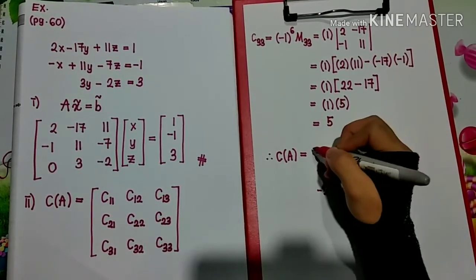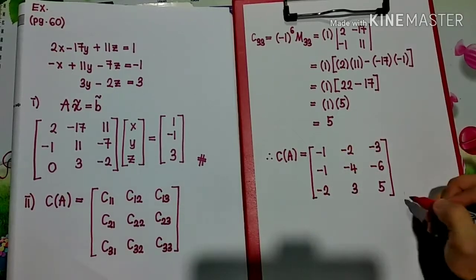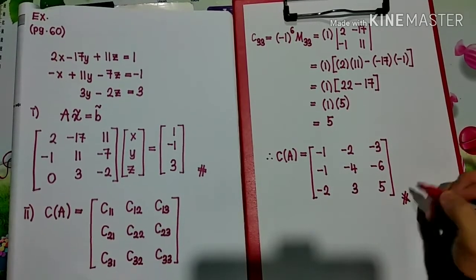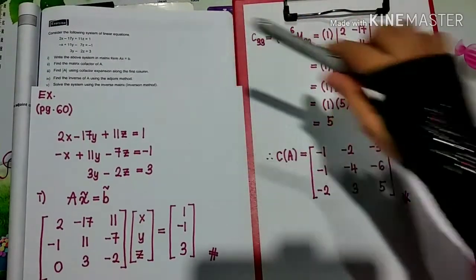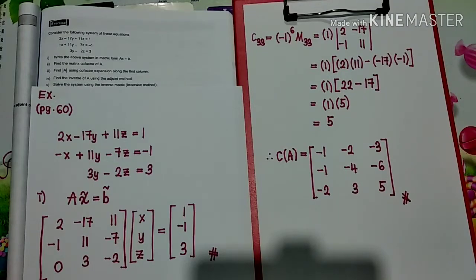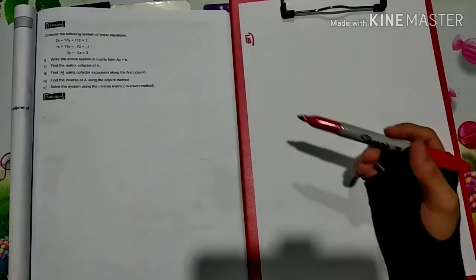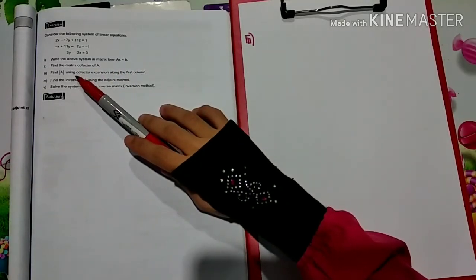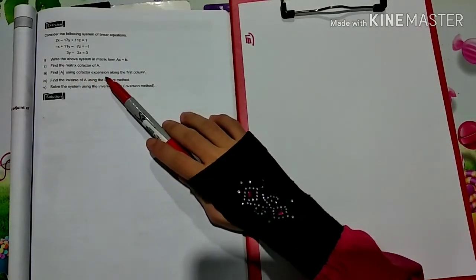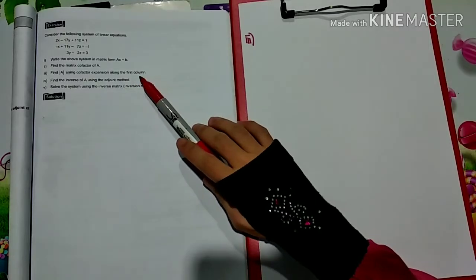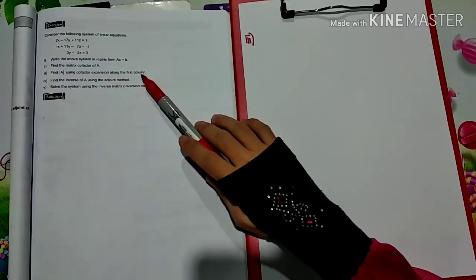So then, you solve for question number 2 here. Find the matrix cofactor of A. The third question asks you to find the determinant of A using cofactor expansion along the first column. So, we must follow the question here.